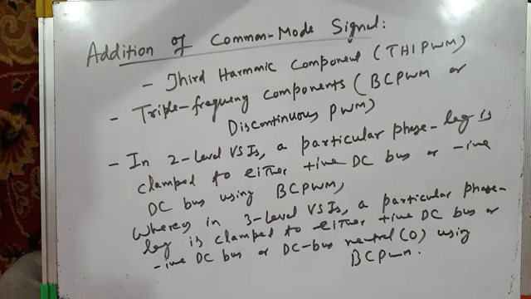Whereas in 3-level voltage source inverters, a particular phase leg may get clamped to positive DC bus, giving a pole voltage VRO equal to VDC by 2 during the clamping period, or to negative DC bus giving pole voltage equal to minus VDC by 2, or to DC bus neutral giving zero pole voltage for the clamping period. So this is the difference between bus clamping of 2-level inverters and 3-level inverters.